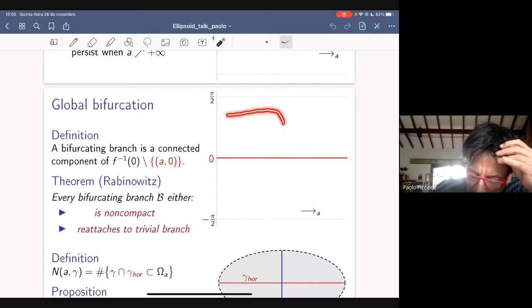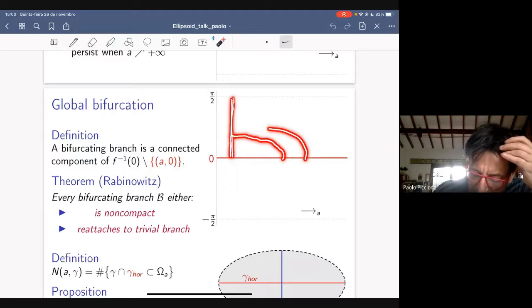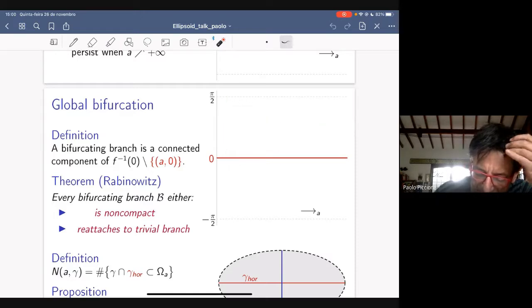We need an argument to show that it cannot go to infinity here, okay? And this is the fact that for every fixed value of a, there's at most a finite number of branches that can go back here, okay? So maybe there will be a finite number of them going this way, but then infinitely many will not be able to go to infinity in this direction here.